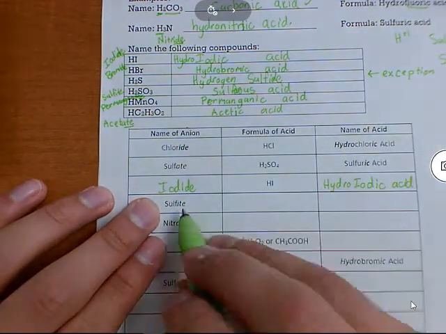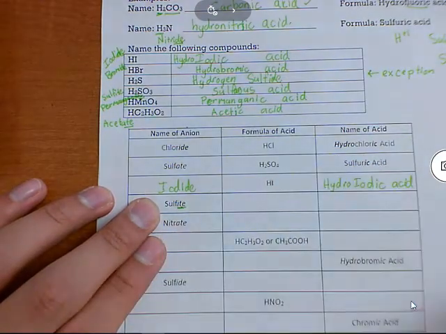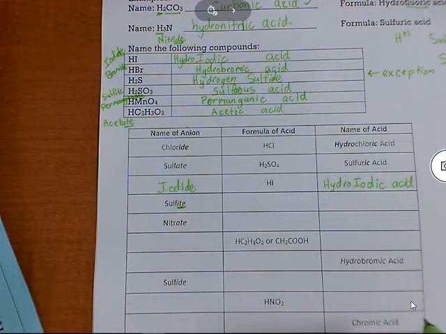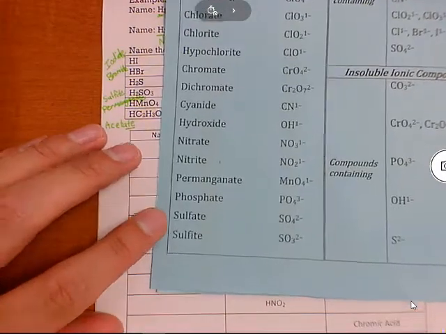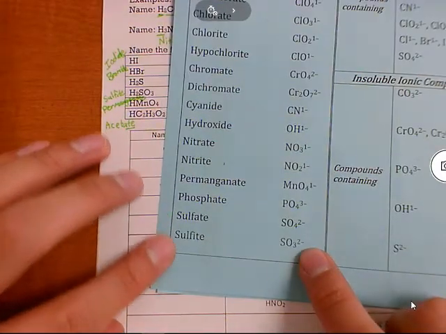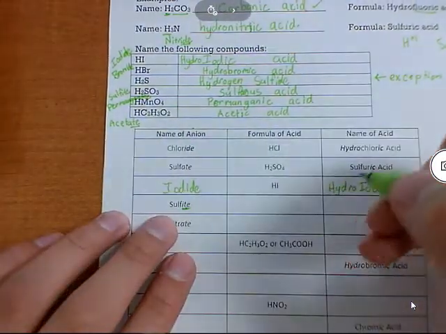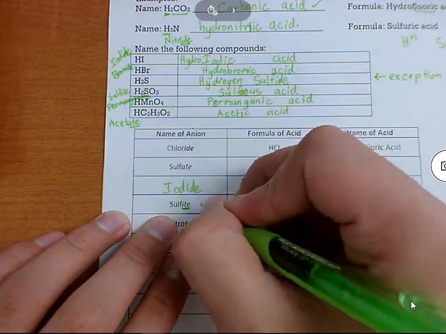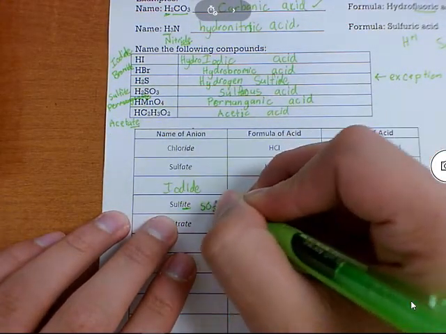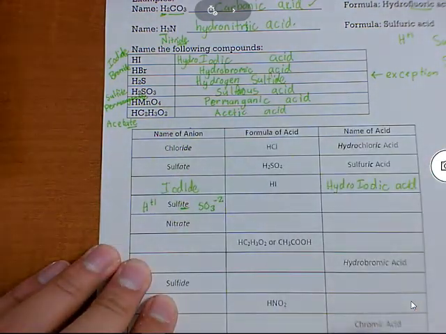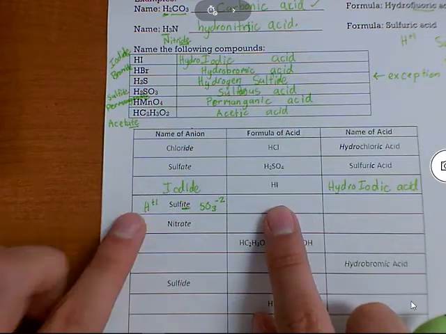All right, next one, sulfite. Here I have ITE at the end. So what is sulfite first? Okay, sorry. So sulfite on the back of the periodic table is right here, SO3 -2. So let's write that right here, SO3 -2. I'm going to put hydrogen on this side, H +1. So to get my formula, what am I going to do?